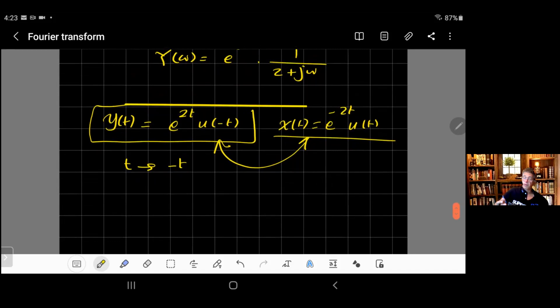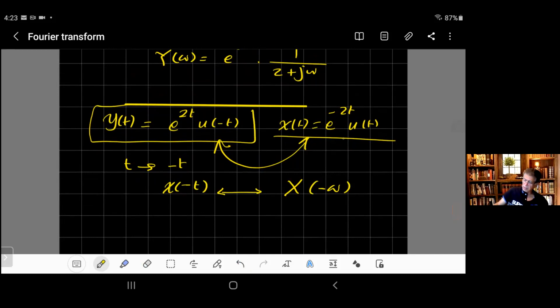So you look in the table for the property. Yes, there is a property that if you want to find the transform of x of minus t, you write X of omega and just replace every omega by minus omega. Makes sense. So what are we going to do here?